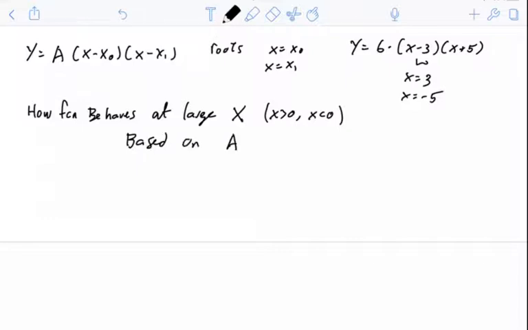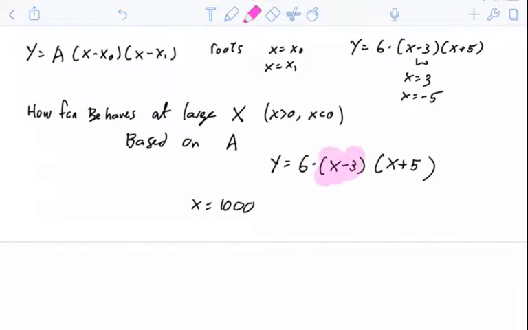How does that work? Let's think about it like this. If x is equal to, I don't know, 1,000, is this term going to be positive or negative? It's going to be positive, because 1,000's really big, bigger than the root.